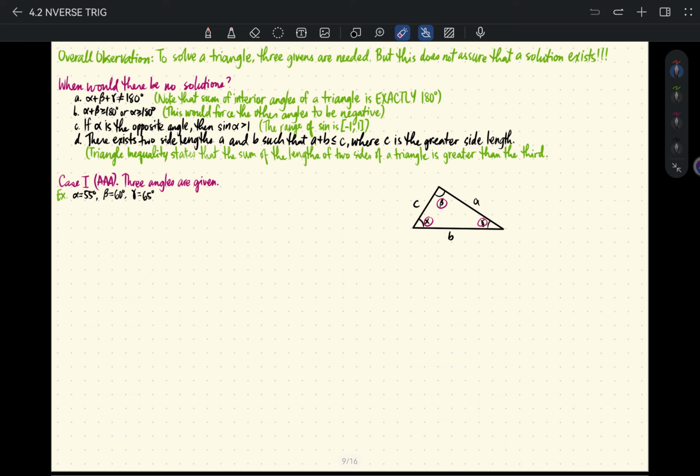Second possible reason for you to not have any solutions is if the sum of two angles is already greater than or equal to 180 degrees, or one angle is greater than or equal to 180 degrees. Because what will happen there is that it would force the other angles to be negative or zero.